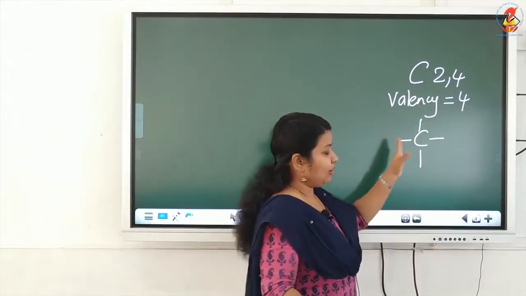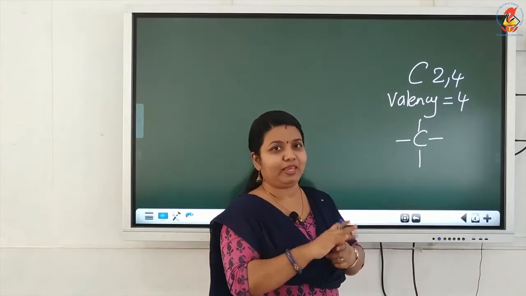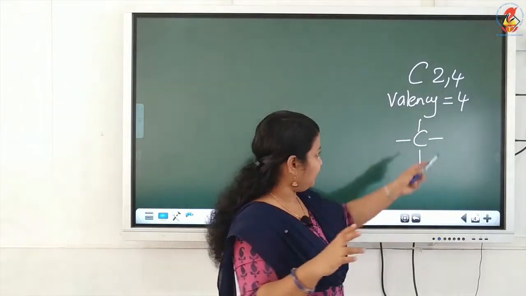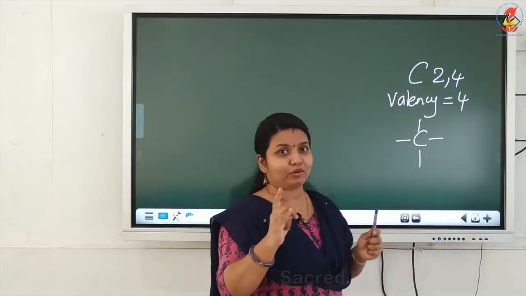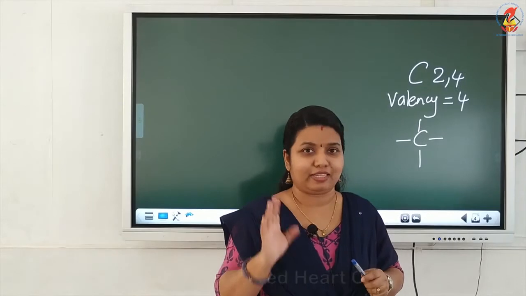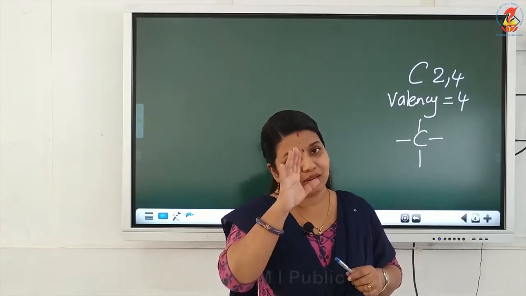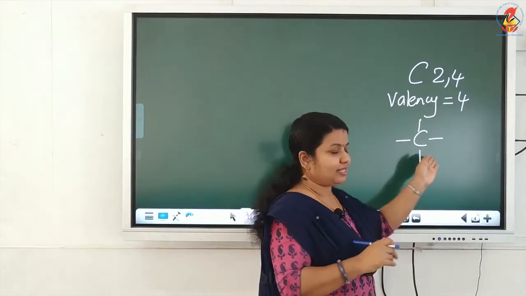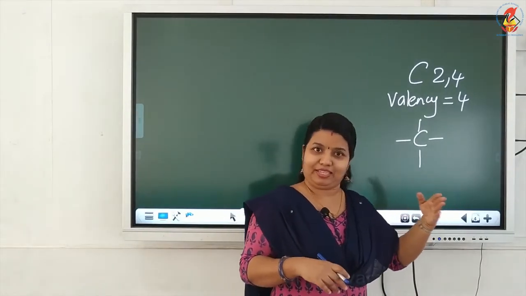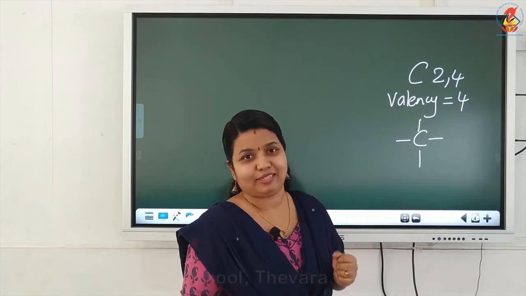So, always around carbon there should be 4 lines. These 4 lines are single bonds. We learned about single bonds, double bonds and triple bonds. Since carbon has 4 valencies, these 4 bonds are single bonds now. But it can form double bonds as well as triple bonds too.